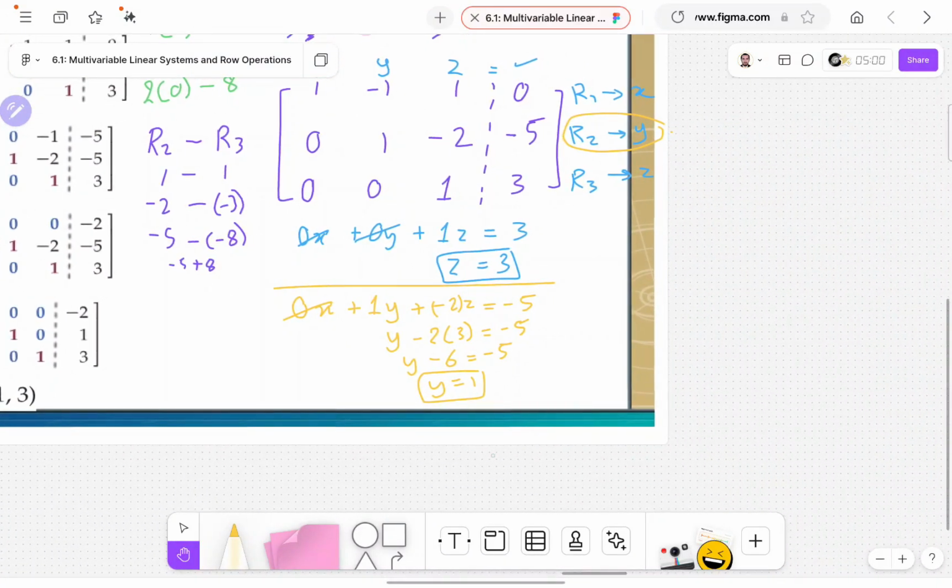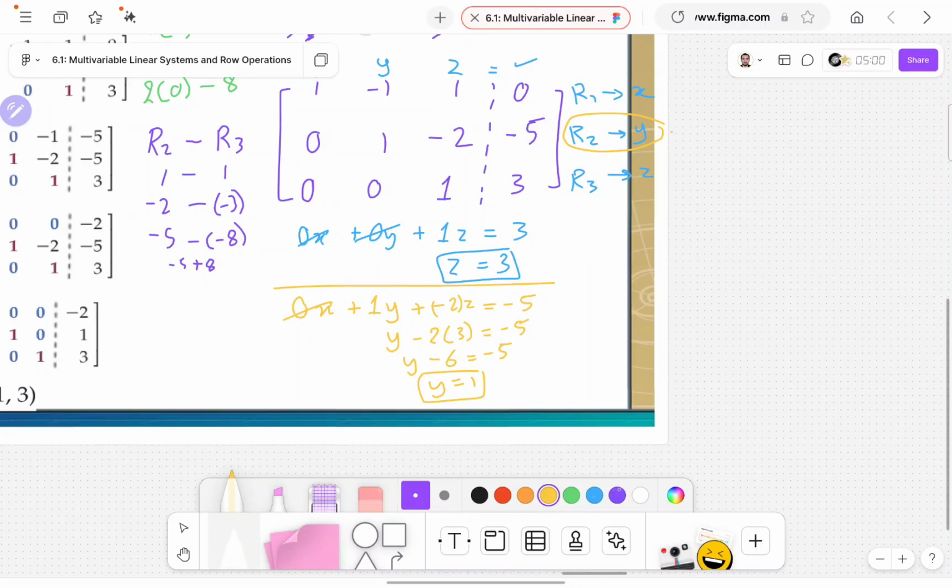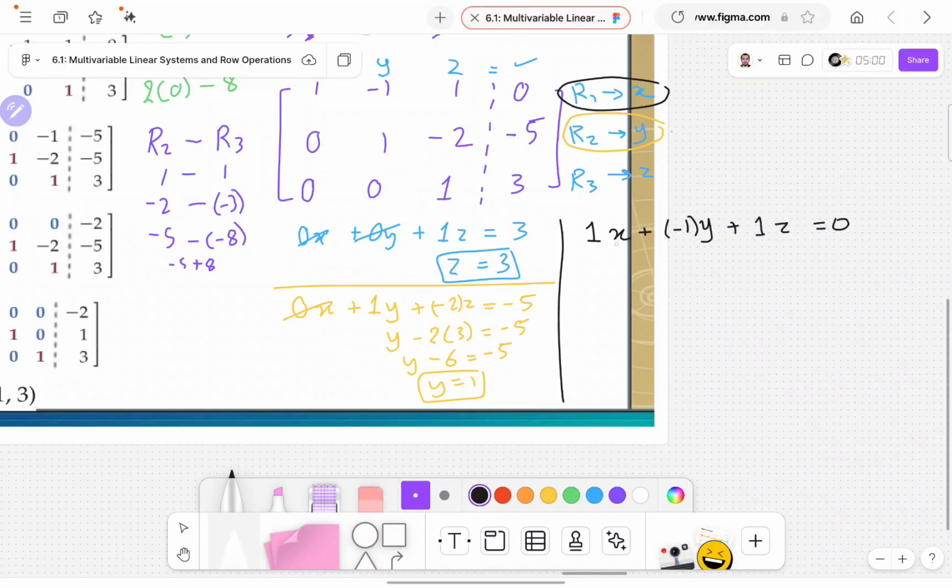Next, I need to find x. To find x, I need to use row 1. So row 1 is 1x plus negative 1y plus 1z equals 0. So 1x is already x.